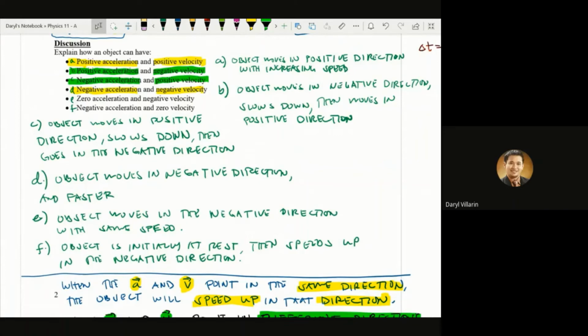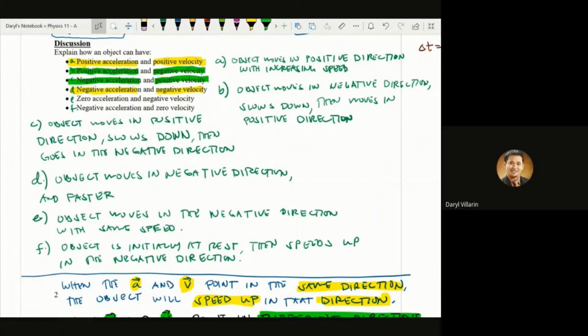If you can see there, it slows down until it reaches zero. But if that acceleration still persists, that particular zero will move up, right? So that means that it goes in the positive direction already. So when that happens, it is now positive, but it's increasing in magnitude. So same thing with negative acceleration and positive velocity.